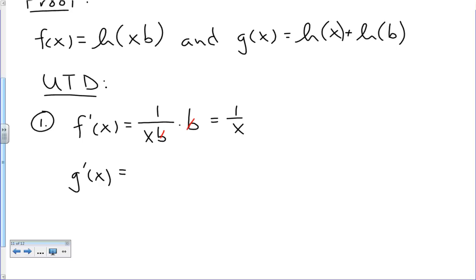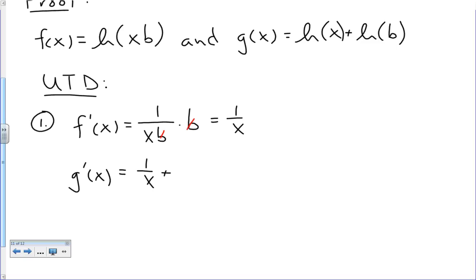Take a look at the second function, g prime of x. Again, this is based on the ln of x as the definite integral from 1 to x of 1 over t dt. The derivative of ln of x, we actually have a sum of two functions, so use your sum property first. The derivative of the first function, we've already stated, is 1 over x, plus the derivative of ln of b.